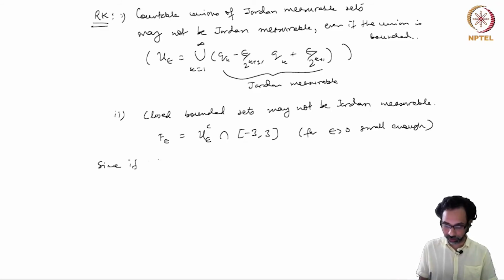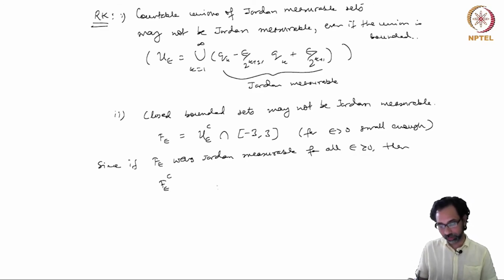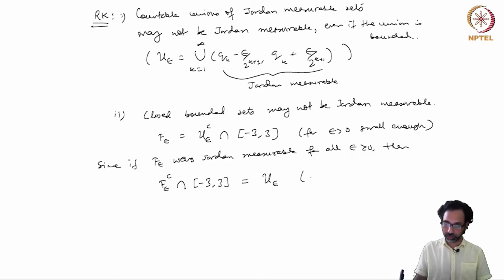Since if F epsilon was Jordan measurable for all epsilon, then you can take the complement of F epsilon, intersected with say [-3,3], which would then be Jordan measurable, but one can show that this is nothing but U epsilon. So this is a contradiction.